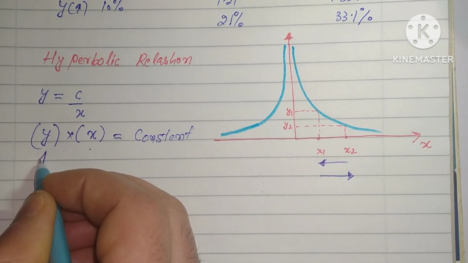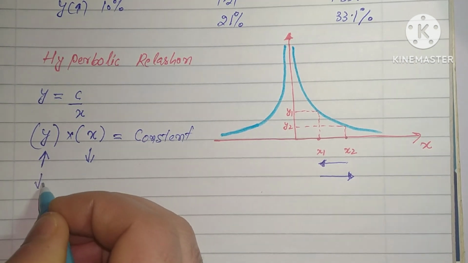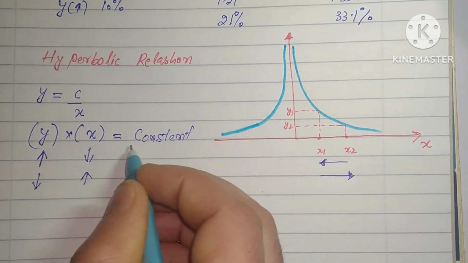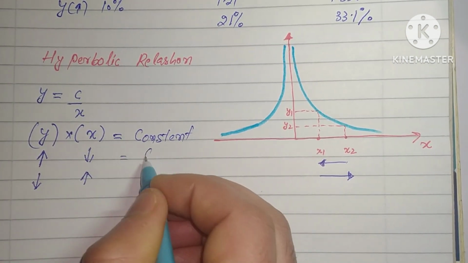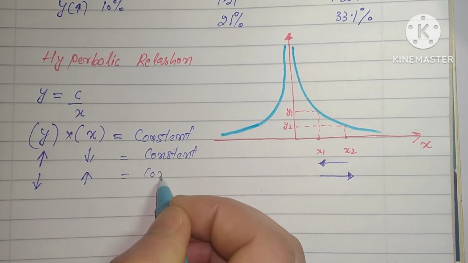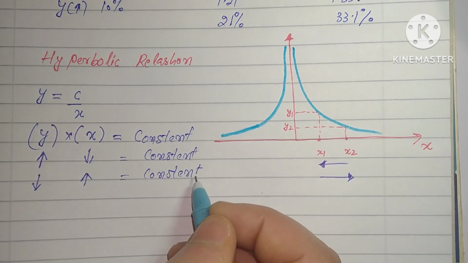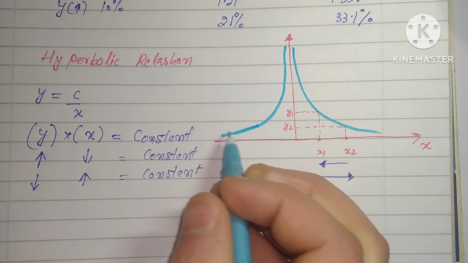If y increases, then x has to decrease, and if y decreases, then x has to increase so that the product of the two remains constant. Here also the product remains constant. That is the basic concept of the hyperbola.